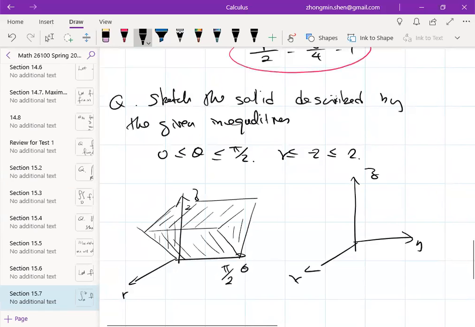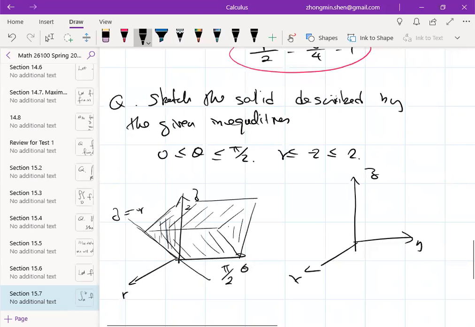It's like a piece like that. And this line is going to be z equals r. So the smallest value for z is r, and the largest possible value for z is 2, if you draw the vertical lines here.